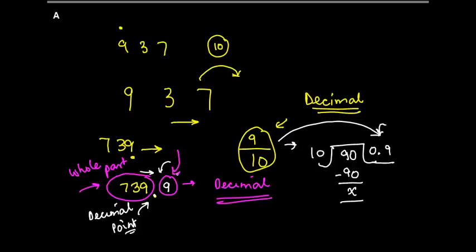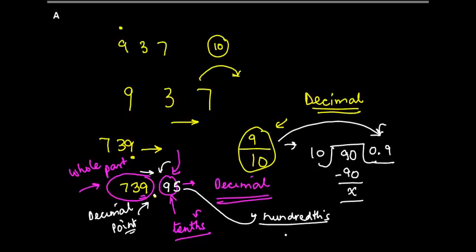When we go to this, we call this the units place. This is known as the tenths place. If after 9 you had, let's say, 5, this is known as the hundredths place, which basically represents 1 divided by 100.